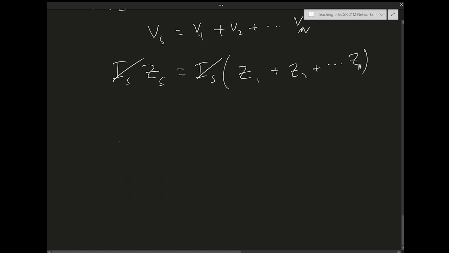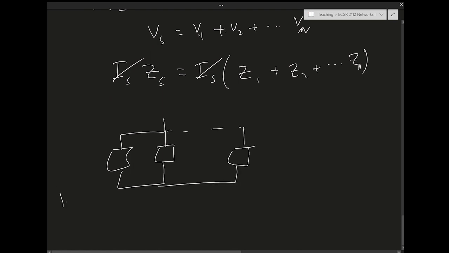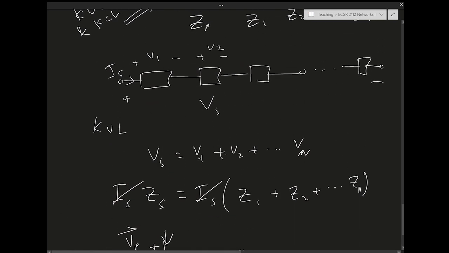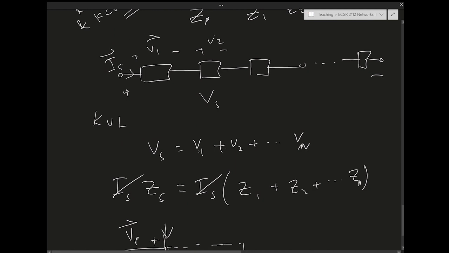Same thing for the parallel situation. The key here is applying KCL. So the key is that the voltage is the same. V parallel will share the same voltage. Those are all phasors, by the way.